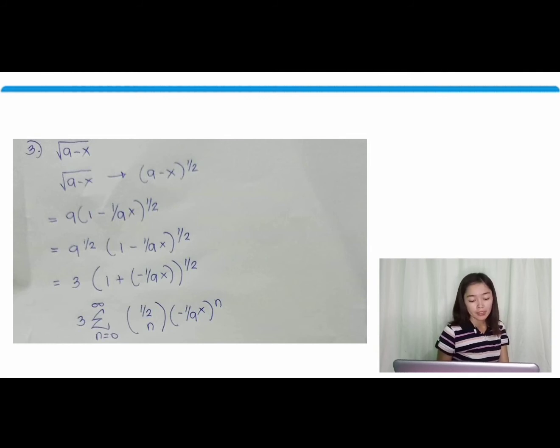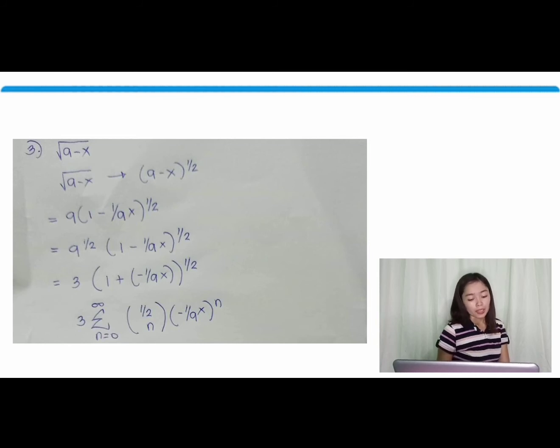So, we have 9 times (1 - 1/9 x)^(1/2). Now, how did this happen? We multiply 9 times 1, so we have 9. Multiply 9 into negative 1/9 x, we have negative x.